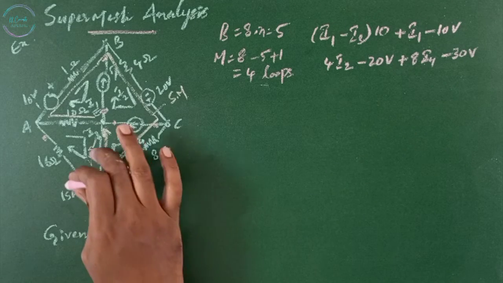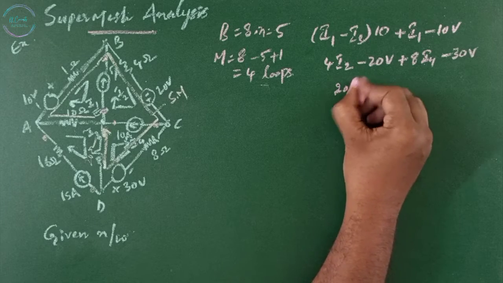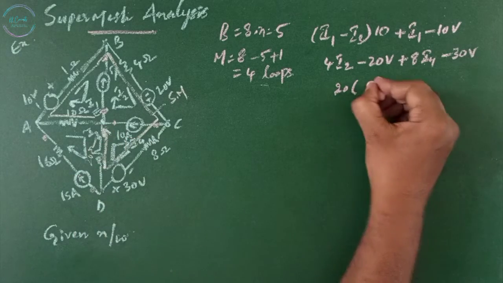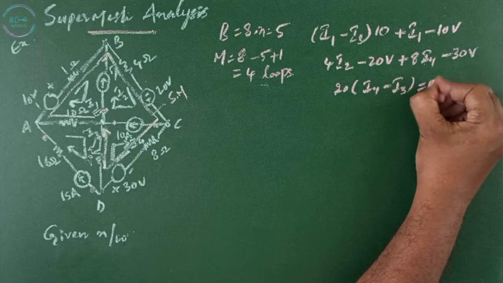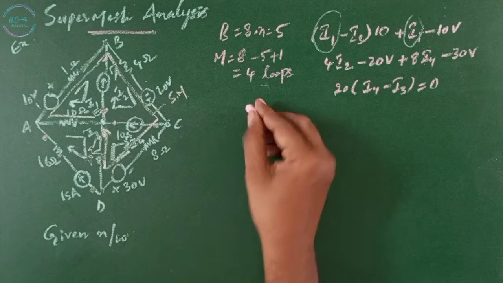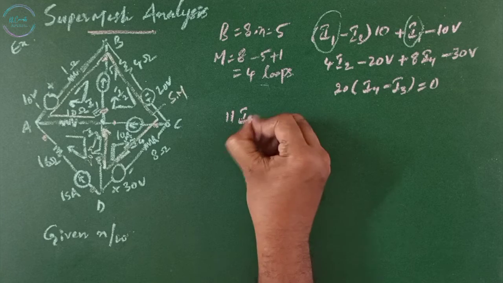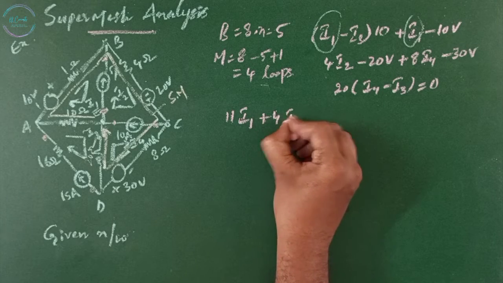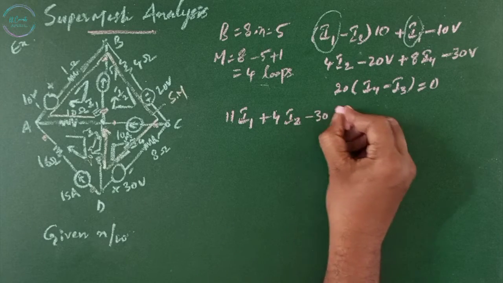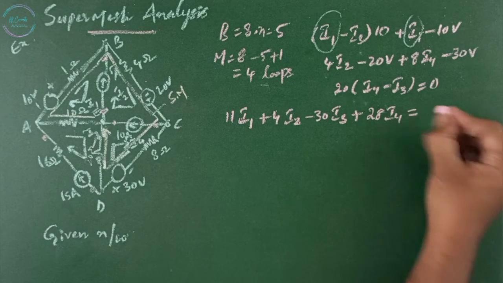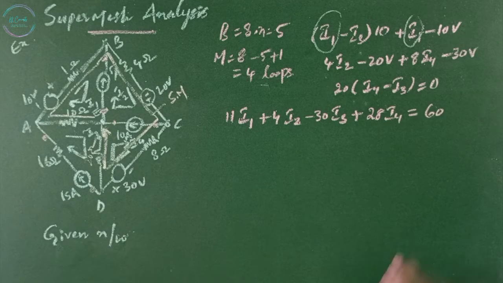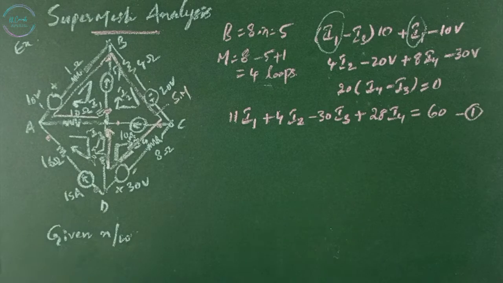For this branch, 20 ohms multiplied by I4 minus I3, with I4 positive, equals 0. Simplifying, 11 I1 plus 4 I2 minus 30 I3 plus 28 I4 equals 60. This is our equation number 1.